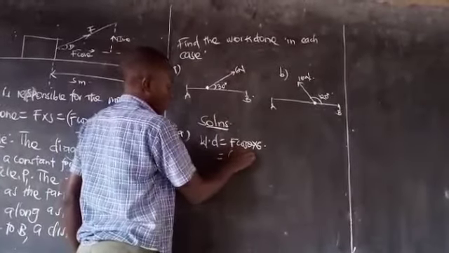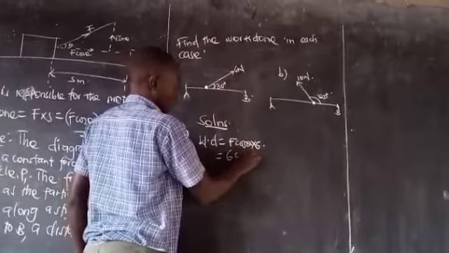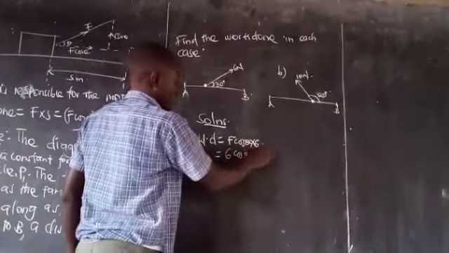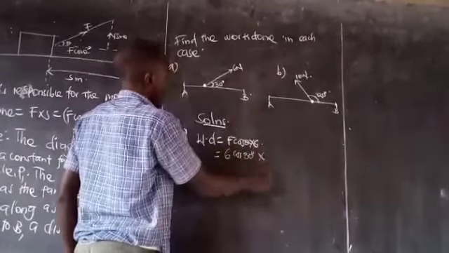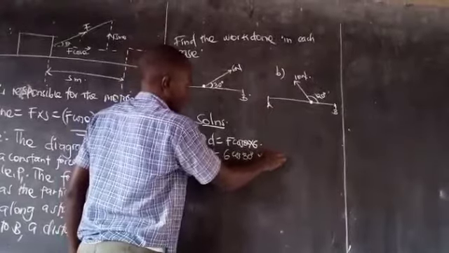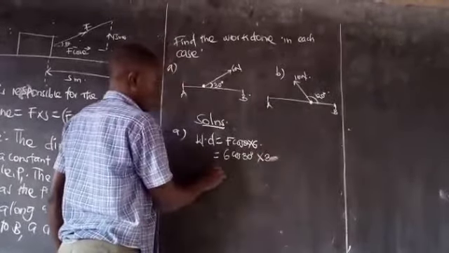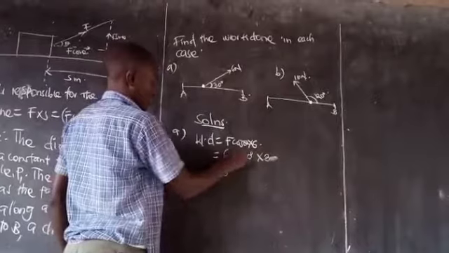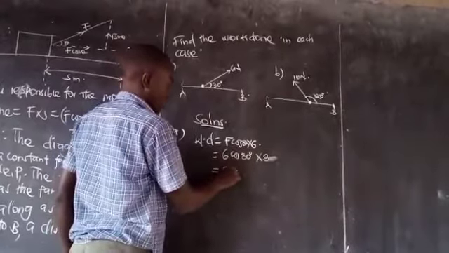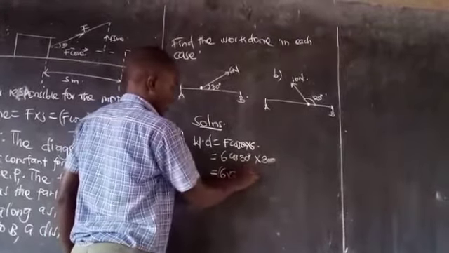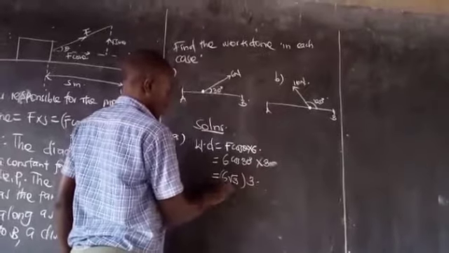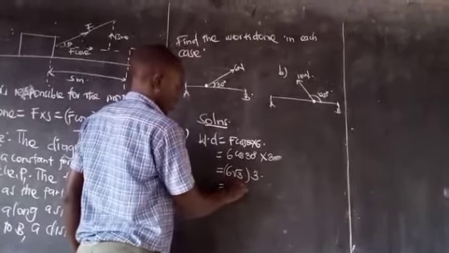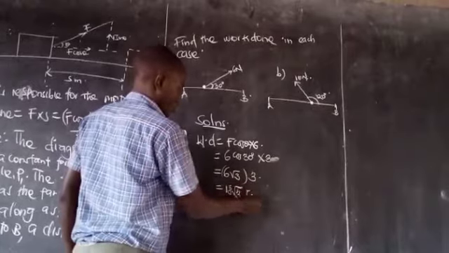We have the angle at 30 degrees. And then we have the distance moved as 3 meters for each case. And this will actually give us cos of 30 is root 3, and then you multiply 3. This actually gives us 18 root 3 joules.